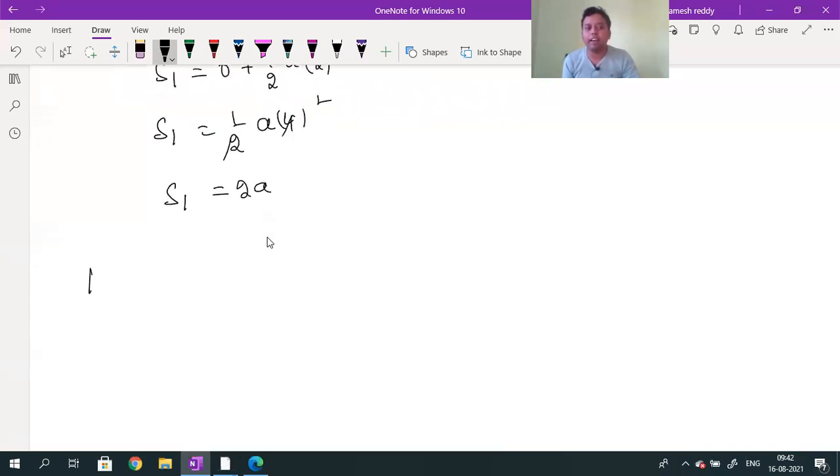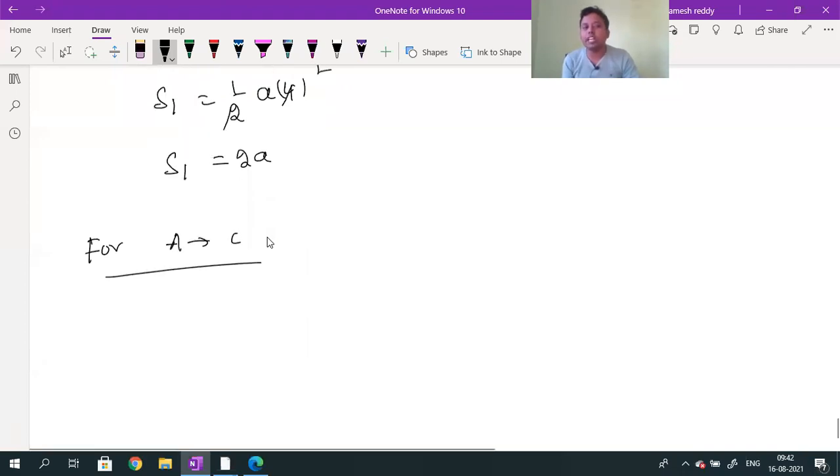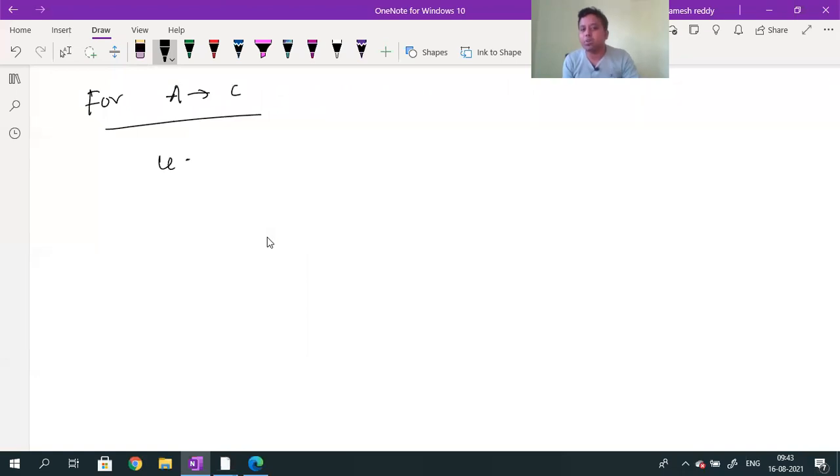When the body goes from A to C, what is the initial velocity? 0. What is the acceleration? a. What is the distance traveled for the A to C journey? S1 plus S2. What is the time taken for the A to C journey? 2 plus 2, total time taken is 4 seconds.